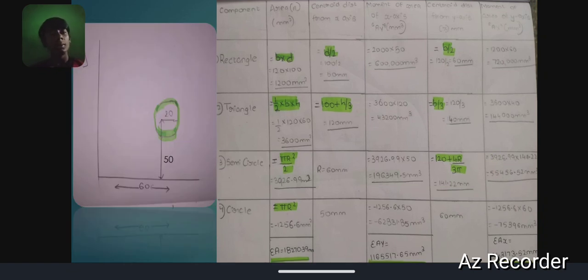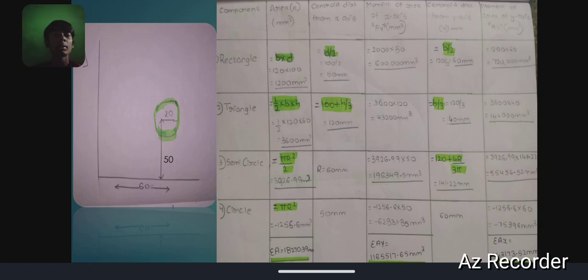The last component is the circle. It is not shaded because we have to subtract these values from the other values. Here the area of a circle is pi r square. The centroidal distance from the x-axis is 50 millimeter.